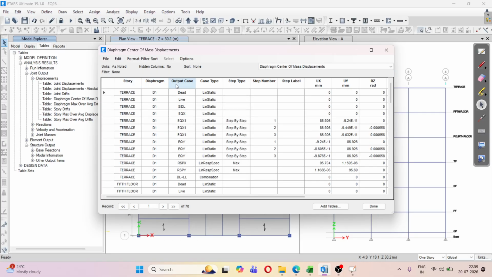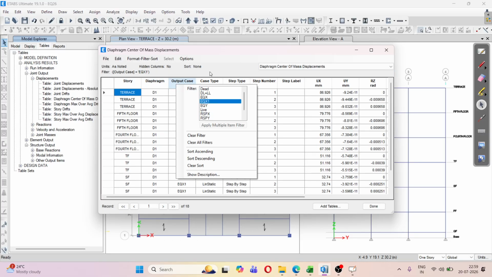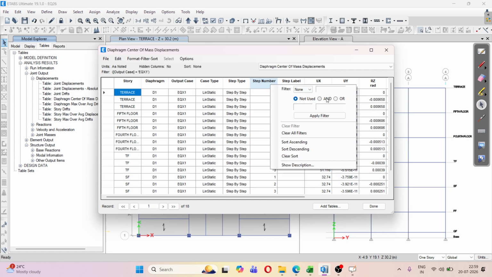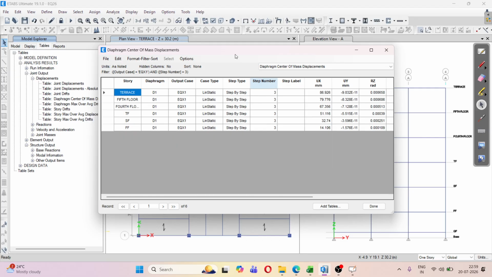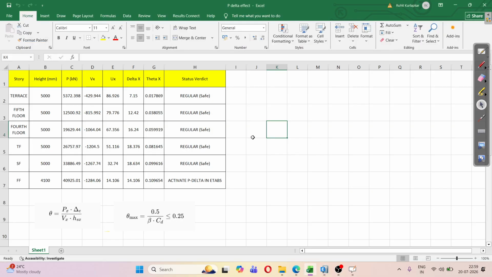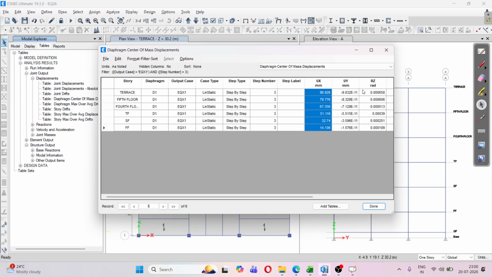Again, here you can select your case EQX1. You can select your step number 3, or you can check for all. Here the UX is given. You just need to paste it here.